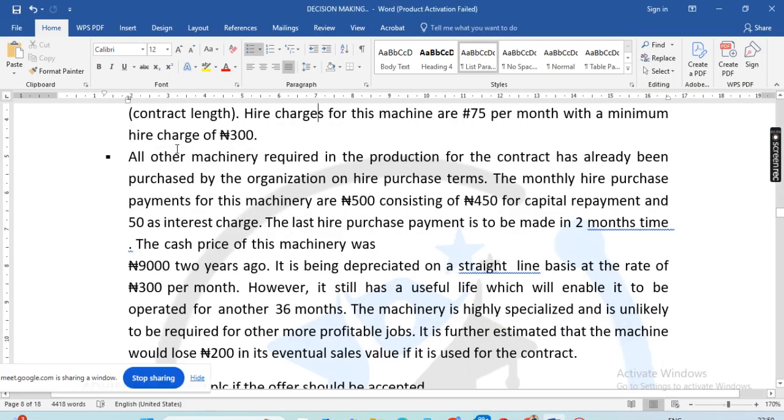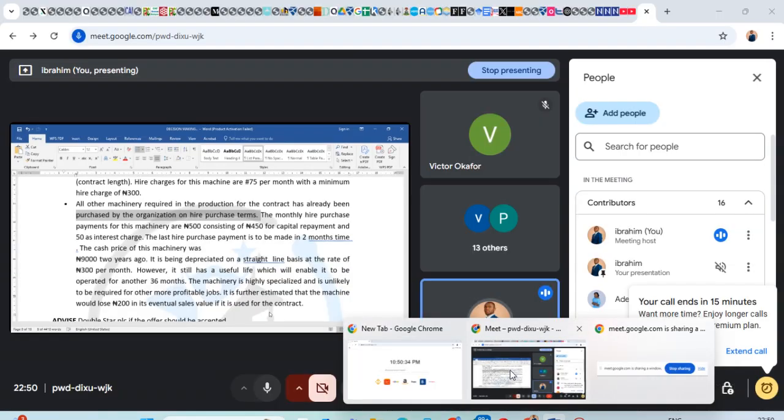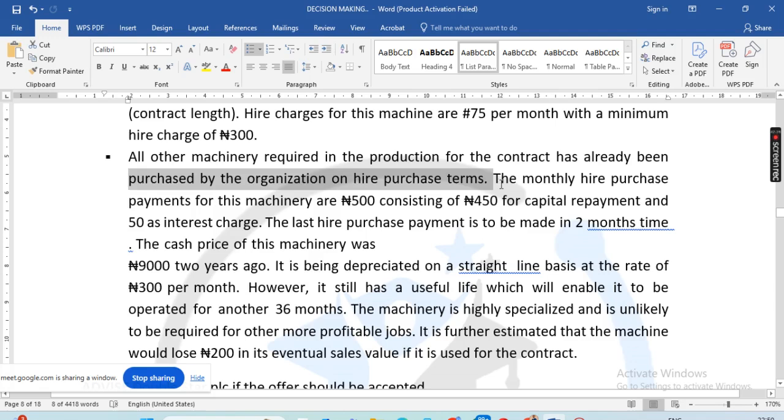Let's finish this. All other machinery required in the production for the contract has already been purchased by the organization on hire purchase terms.